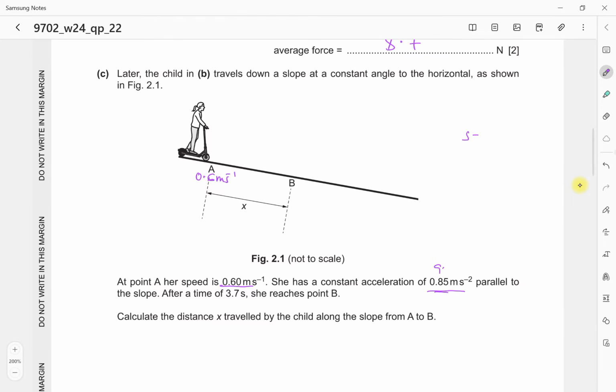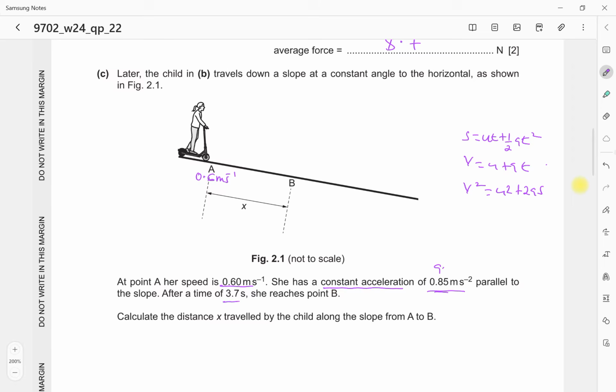Equations such as s equals ut plus a half at squared, v equals u plus at, and v squared equals u squared plus 2as would be employed, because the acceleration is constant.